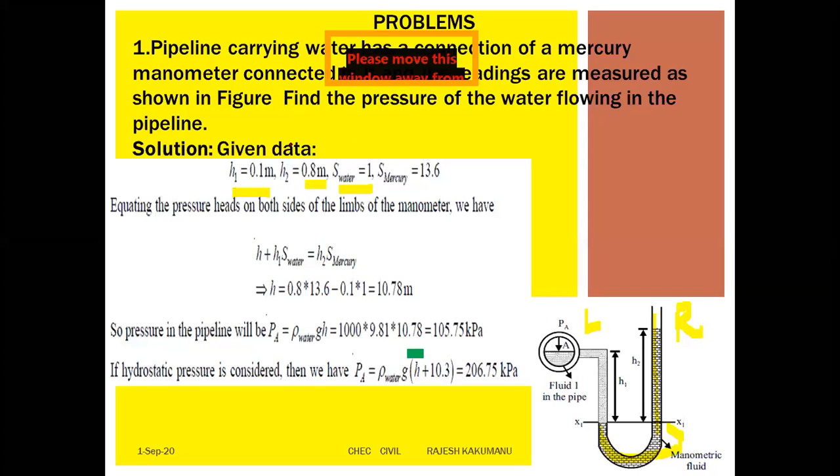Next, the center of the pipe is 12 centimeters below the level of the mercury.